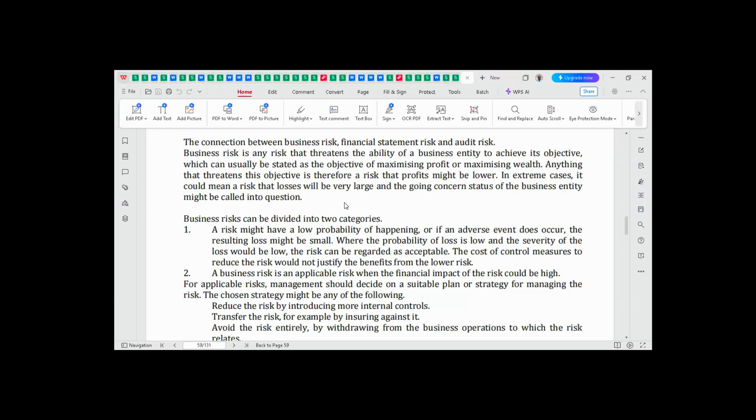So what we are saying here is that your business risk has a part to play in your financial statement risk, as well as in your audit risk. Two years ago, government said the tariff on sugar that they import should be increased.